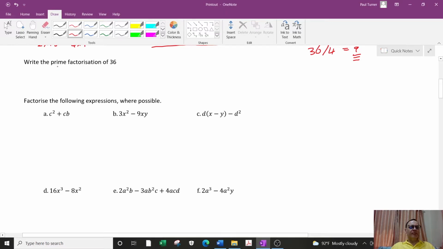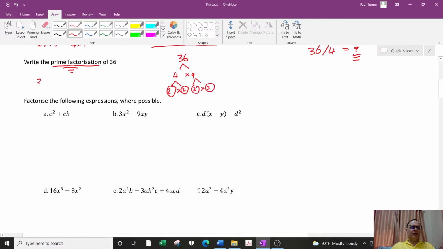How about the prime factorization of 36? You probably saw this in grade 7 or 8. I think grade 7 actually. So 36, let's make a factor tree. We know 36 is 4 times 9. But then 4 is 2 times 2, and 9 is 3 times 3.